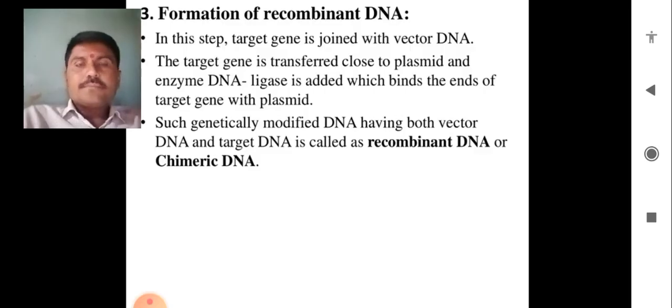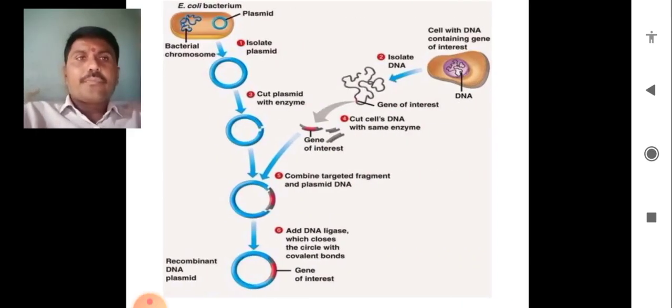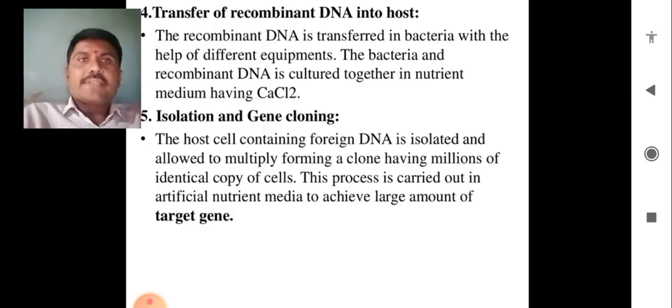Now the transfer of this targeted gene or DNA is done through a host.